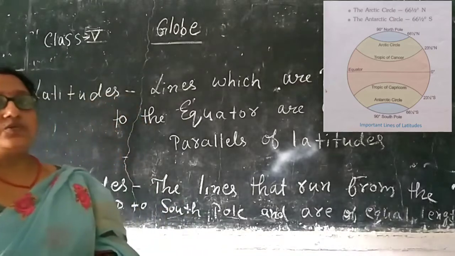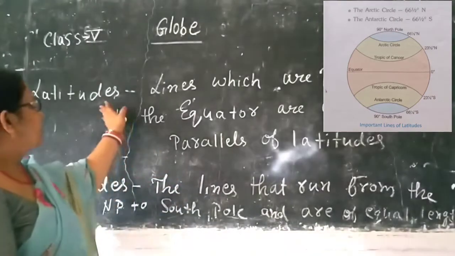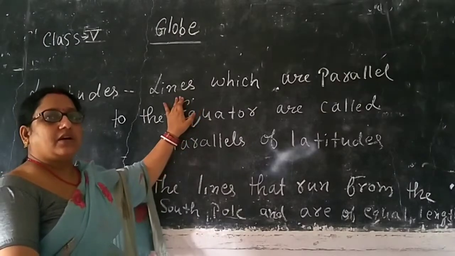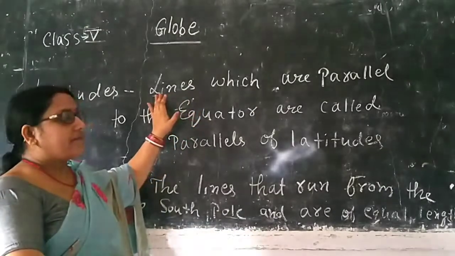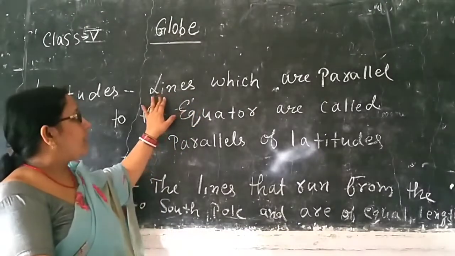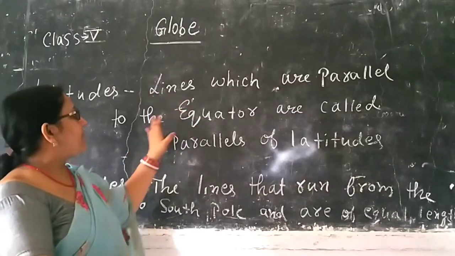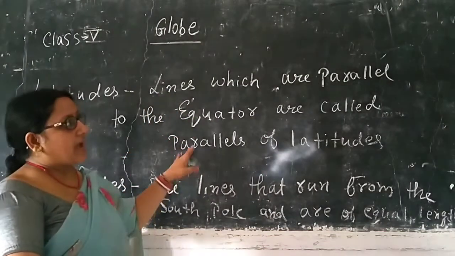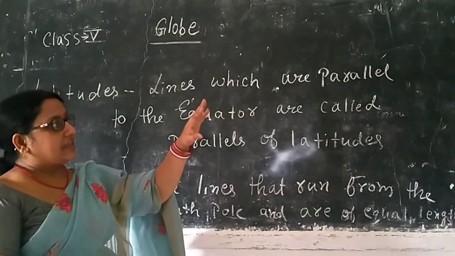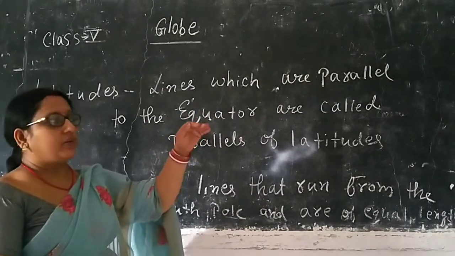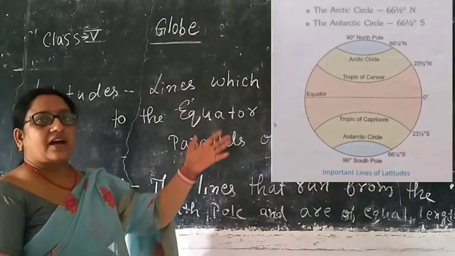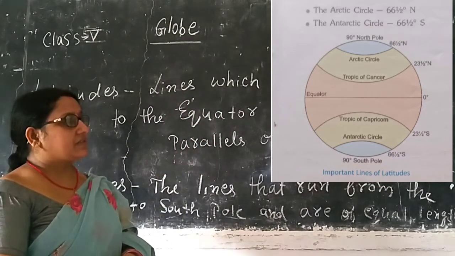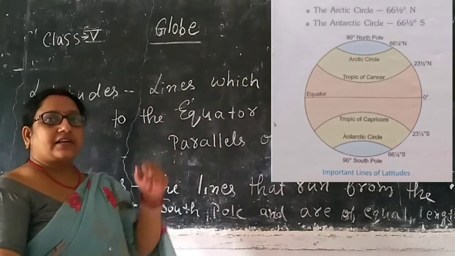First of all, you see what latitude is. Definitions come many times in the questions, so you have to get them by heart and recall them. The lines which are parallel to the equator are called parallels of latitude. As you are seeing in the diagram, going towards the north pole, there is the Arctic Circle.